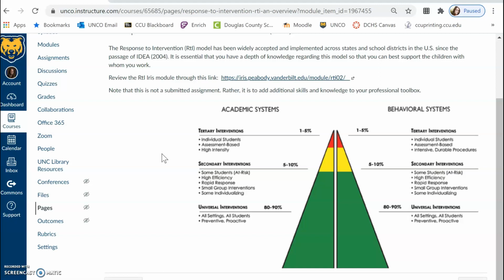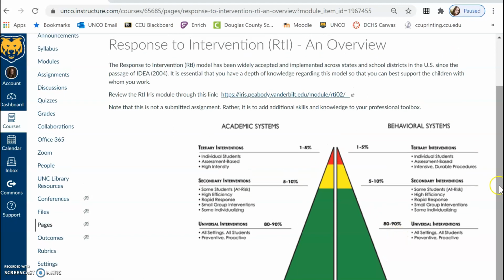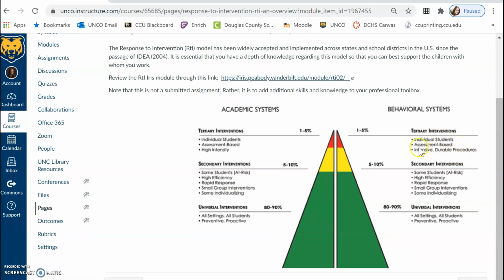That's just best practice academically and with behavior support within general education. Secondary would be those targeted kind of initiatives to see, can we work through this in a short period of time and get over this academic or behavioral hump, and then finally, we would be moving into more significant interventions. And that would be assessment, evaluation, and perhaps eligibility for special education services.